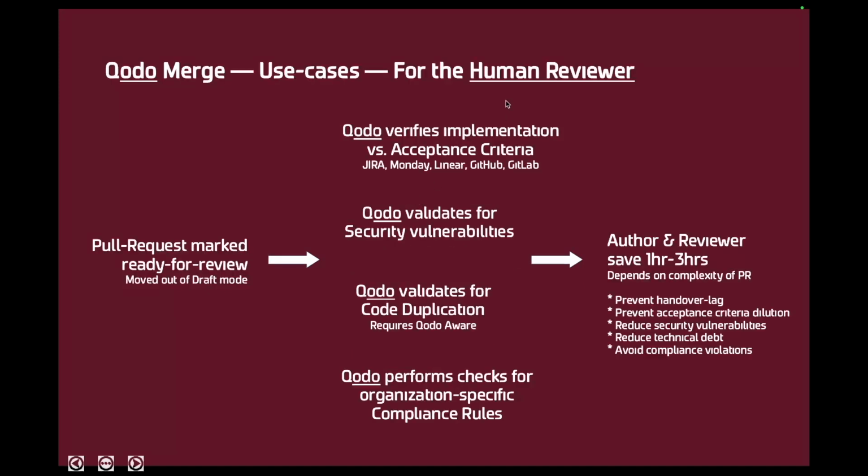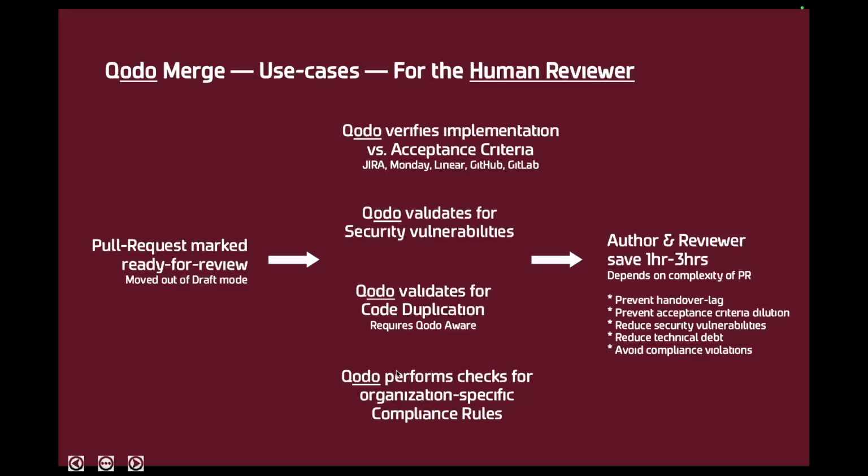When it comes to use cases for the human reviewer, let's assume that a pull request is marked ready for review. Qodo verifies the implementation in that PR, in that feature branch, versus the acceptance criteria that is defined in Jira or whatever other planning tools that you might use. Qodo additionally validates that the implementation does not contain security vulnerabilities and checks for code duplication.